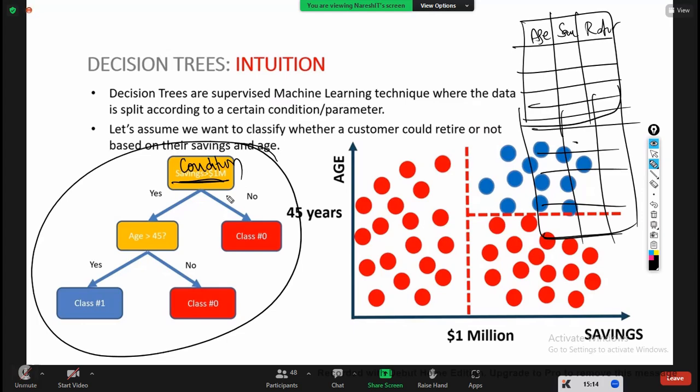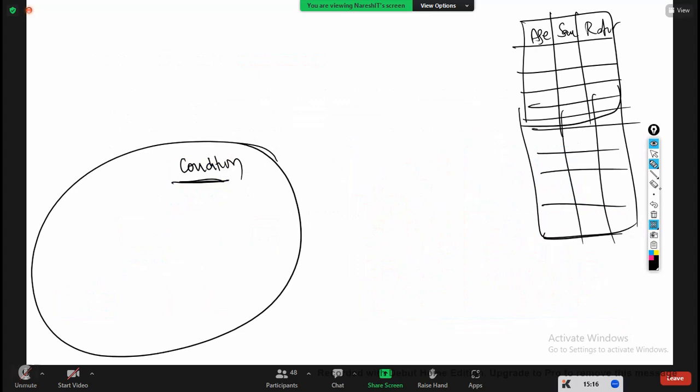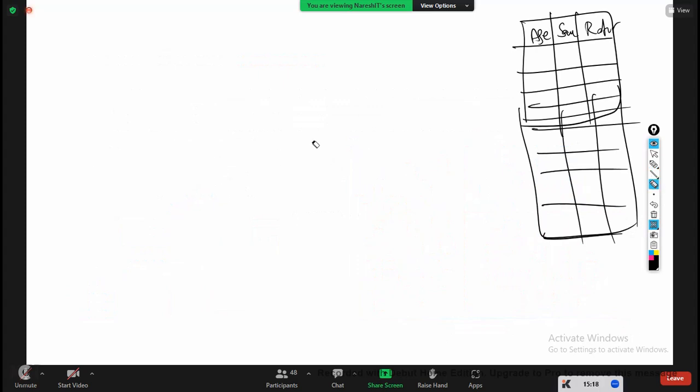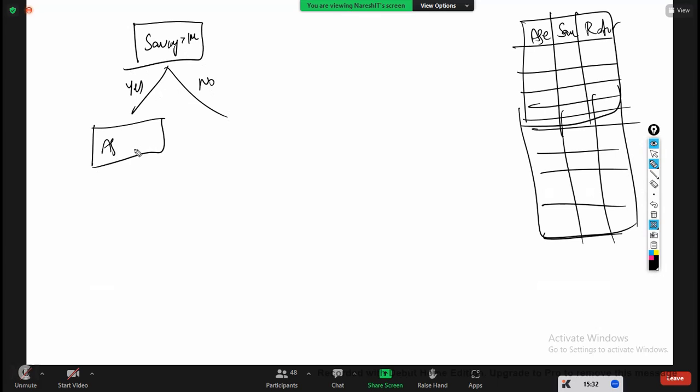Based on the given data, we are going to make a decision tree. In this case, I'm taking savings greater than 1 million, yes or no. Again, I take age greater than 45. This is the pure red class, that is not to retire.